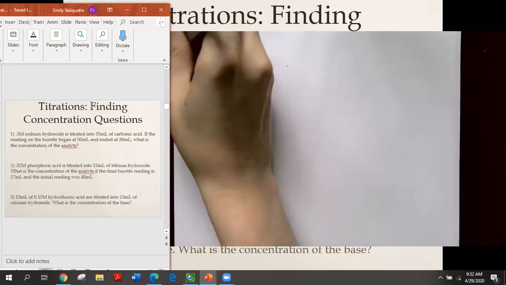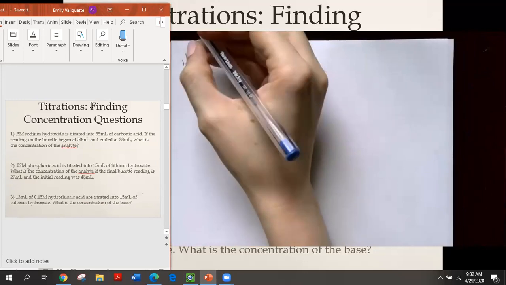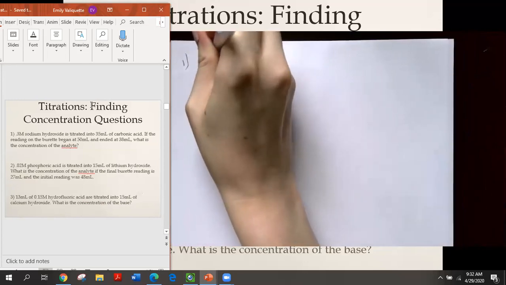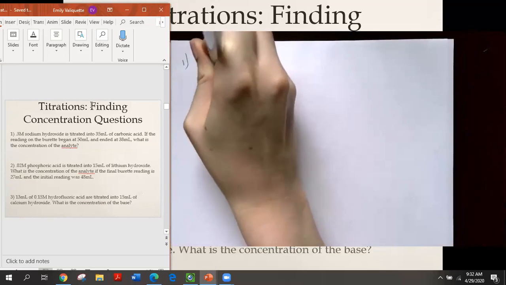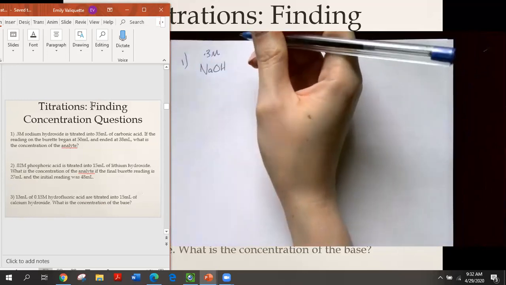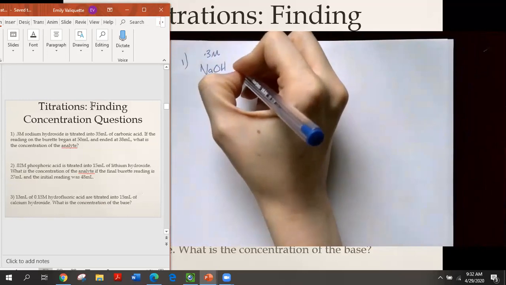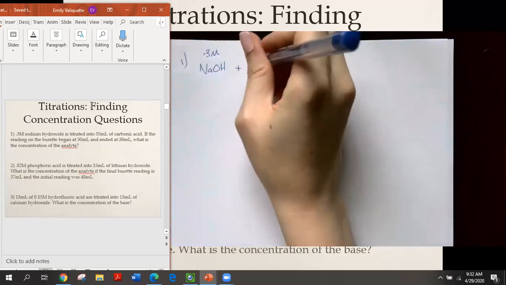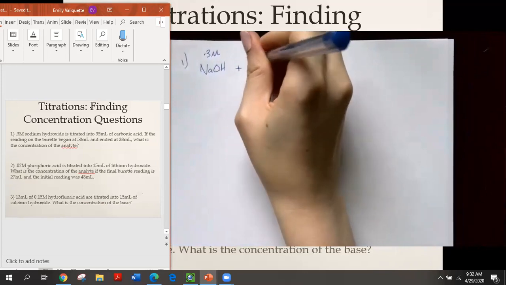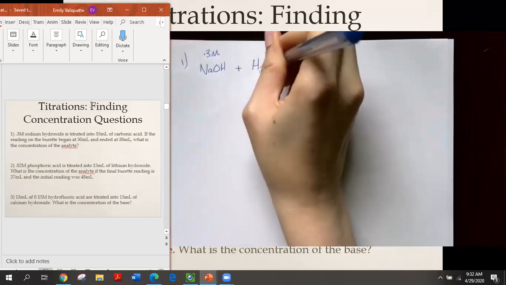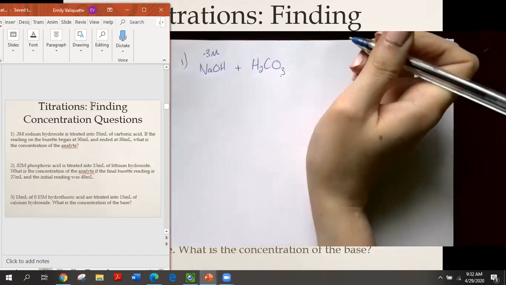There we go. The first question here says we have 0.3 molar sodium hydroxide, so NaOH, titrated into, so added to, carbonic acid. H2CO3 is carbonic acid.